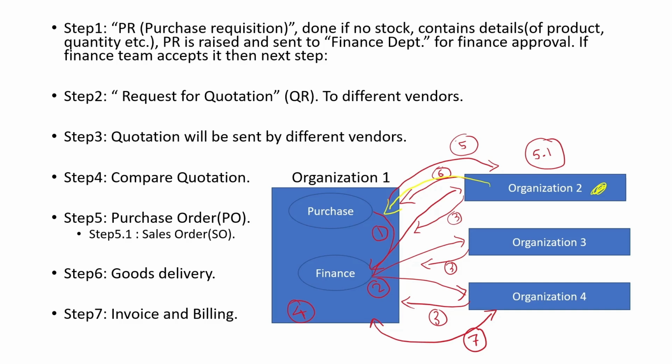The organization from which you collected the goods will also send you the bill, that is the invoice, and this organization will settle the bill. That means they'll give the amount to them.